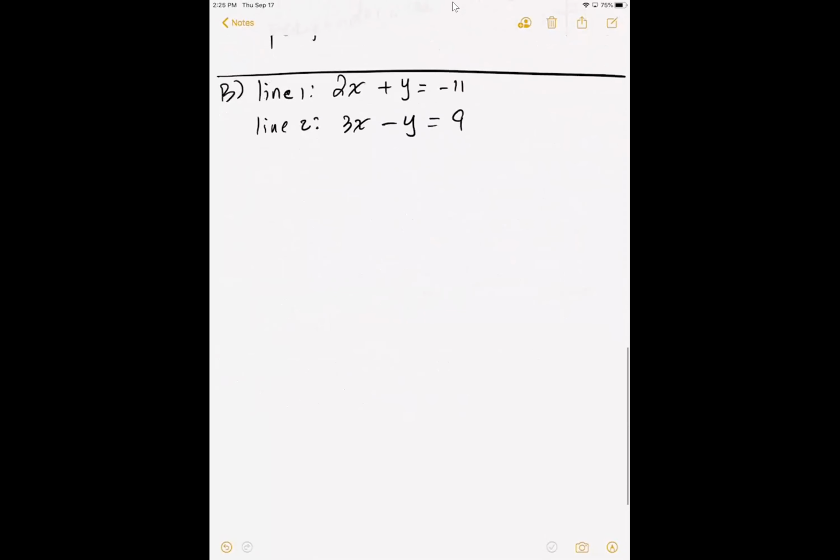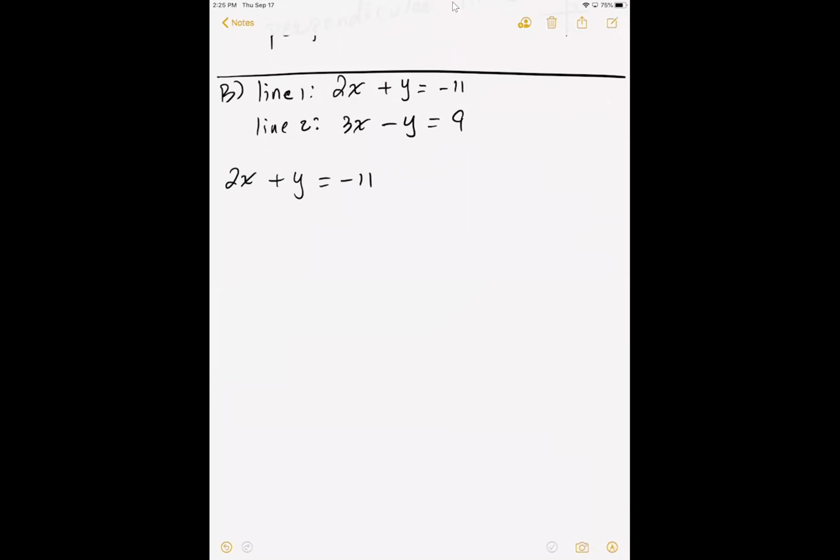In order for us to know, we need to know the slope, okay? And hopefully some of you already saw this, but for line 1, we need to get y by itself. Why do we need y by itself?